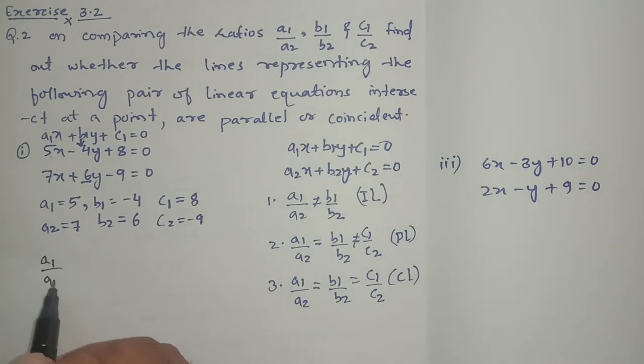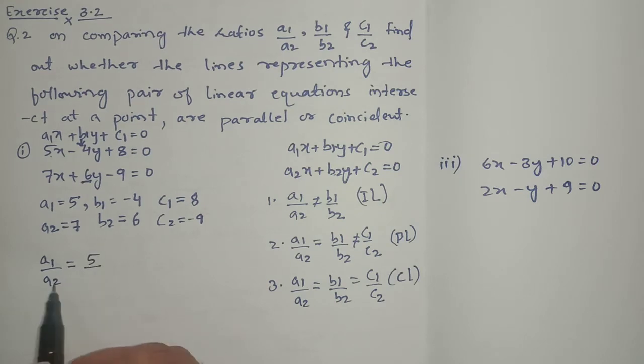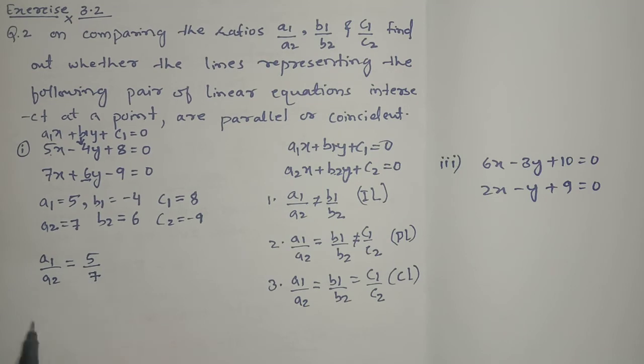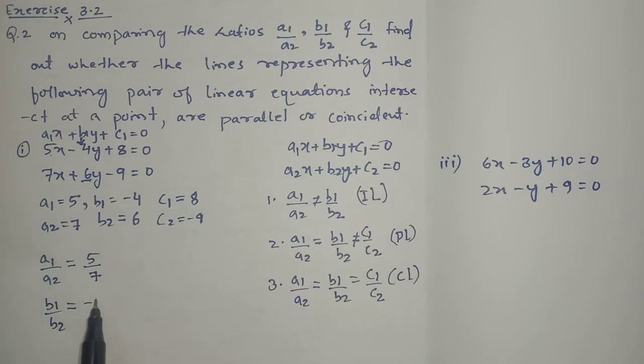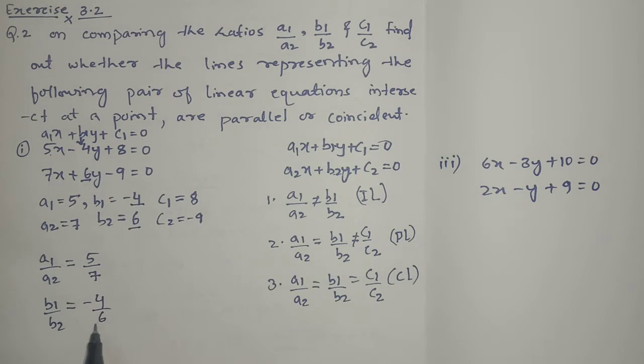a1 by a2: a1 is 5, a2 is 7, so a1 by a2 is 5 by 7. Now let's find b1 by b2. b1 is minus 4 and b2 is 6. 2 twos are 4, 2 threes are 6.